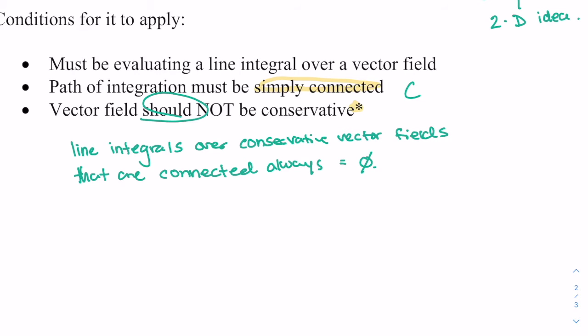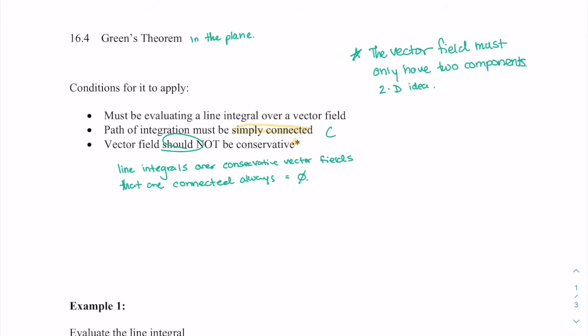Anytime you integrate over a closed loop on a conservative vector field, you know that it will evaluate to be 0. There's 0 circulation done over that integral.